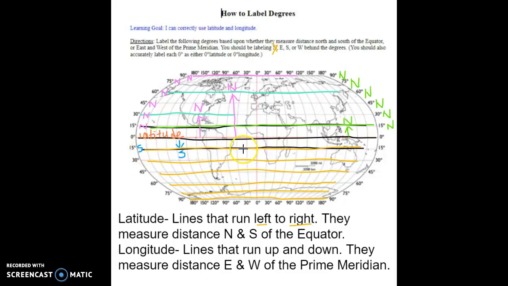Remember, this is the exact same line all the way across, so this is also 15 degrees south of the equator. Now that's going to be true for all of these latitude lines that are south of the equator, because we had to go south for every line in order to get to it. So all of these are going to be labeled south. So we can label south behind each of these lines.